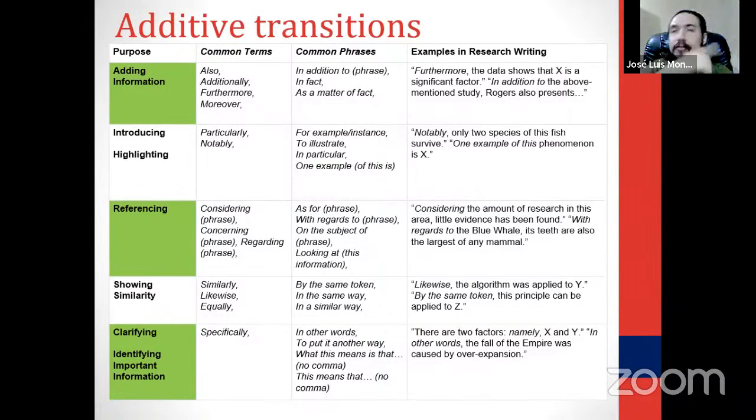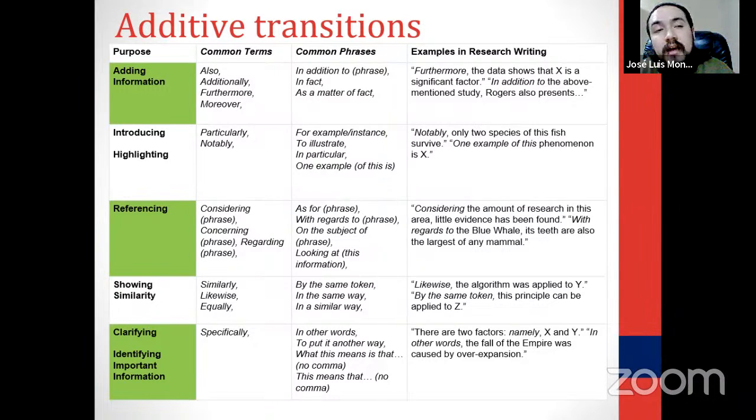I do this, that, and so on. Then period or semicolon. Additionally, comma, that. So: complete idea, period or semicolon, additionally, comma, the second complete idea. And they have the same meaning here: also, additionally, furthermore, moreover.